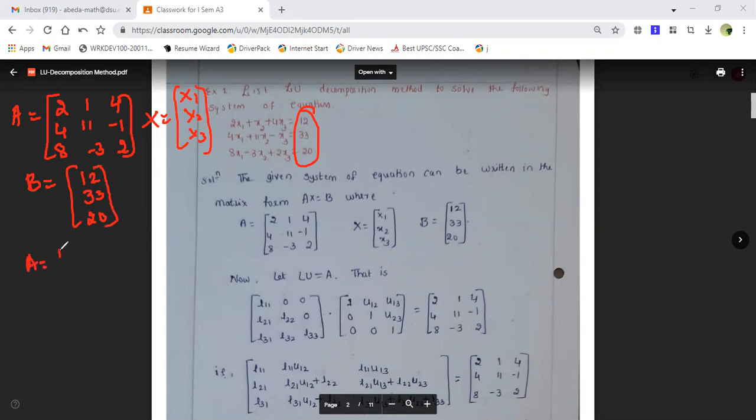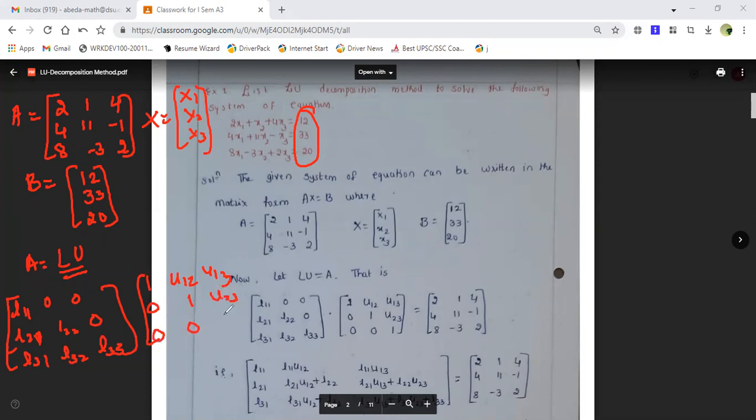As we start, we can write our A as the lower triangular and upper triangular matrix, A as L into U. So this will be equal to L11, 0, 0, L21, L22, 0, L31, L32, L33, into 1, U12, U13, 0, 1, U23, 0, 0, 1.